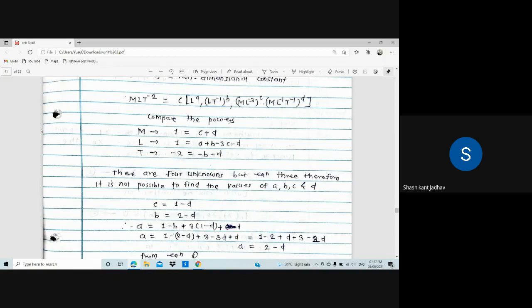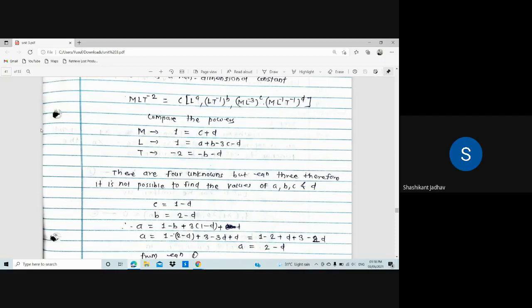M L T raised to minus 2 is equal to C into, what is our first quantity? That is diameter. What is the unit of diameter? Meter. So the dimension is L, raised to a: L raised to a. Then velocity, the dimension is L T raised to minus 1, because the unit is meter per second, raised to b.